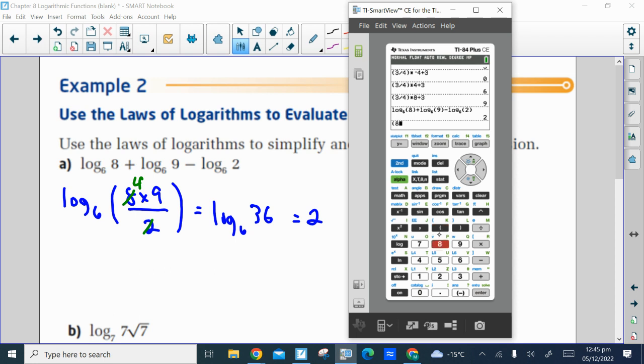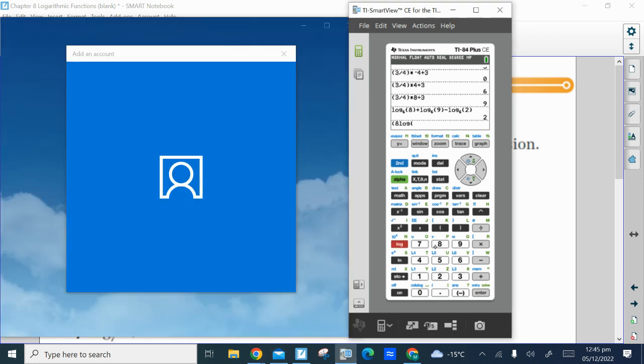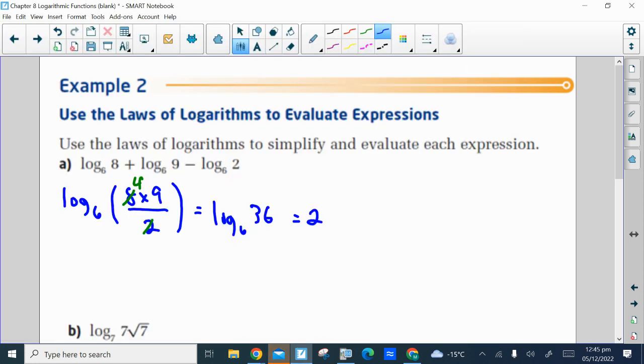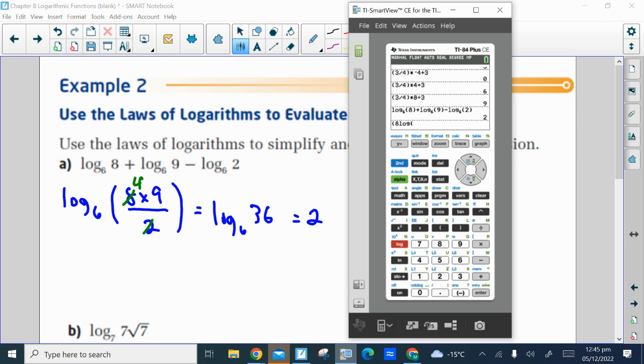It'll be log of 8, open a bracket, log of 8, close the bracket on the 8, so it just takes the log of 8, divided by log of 6, close the bracket on the 6, and then close the bracket that we opened at the start to keep those two terms together.